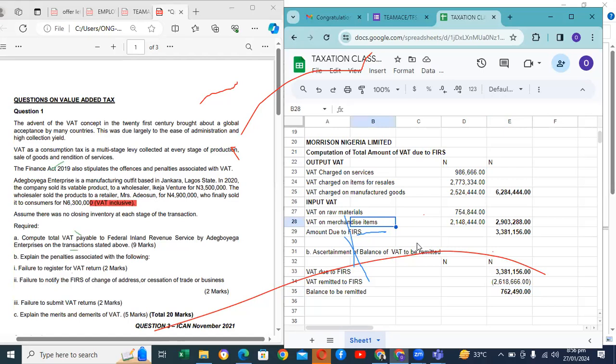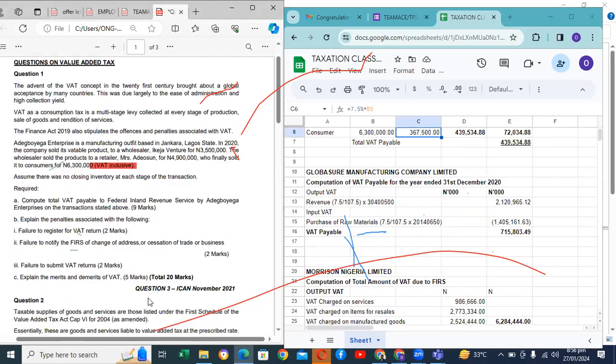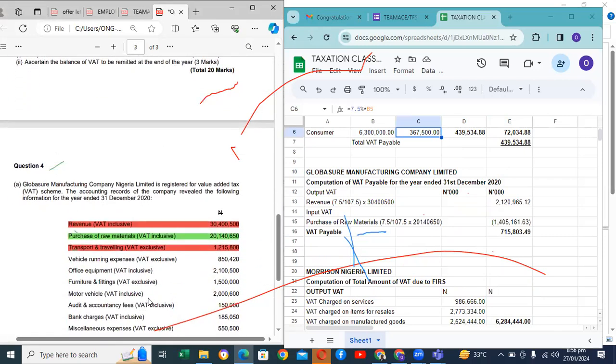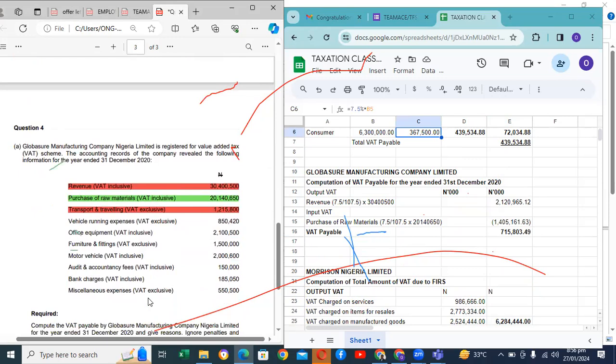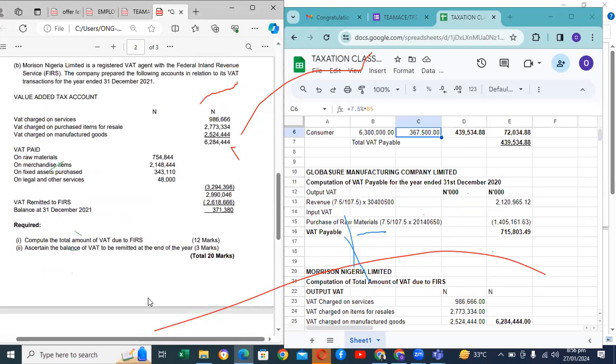The question I have is on that VAT charged on purchased items for resale.